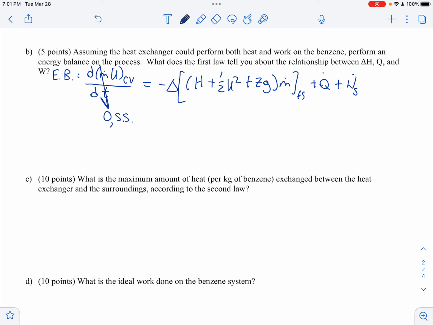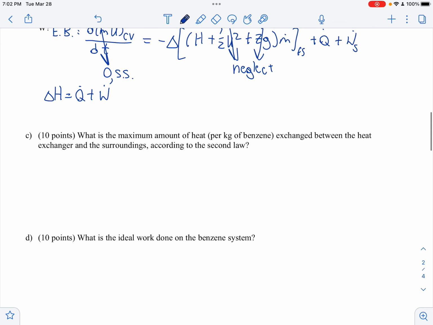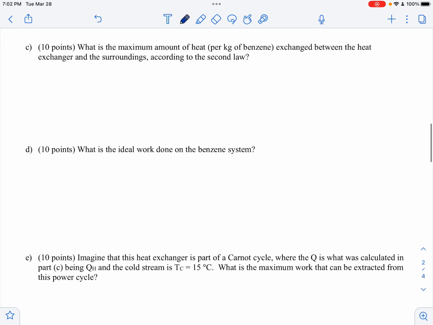Otherwise, the relationship would change with time. Usually we neglect these terms, unless you have a good reason not to. That's the typical thing to do. And that leaves us with delta H equals Q plus W. It didn't ask us to calculate anything, so we're done with that part.